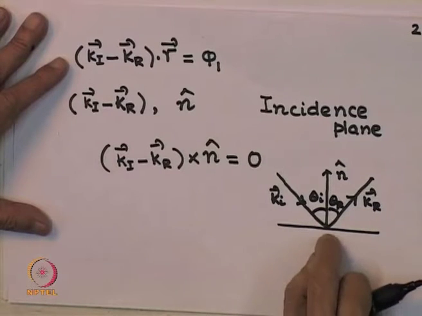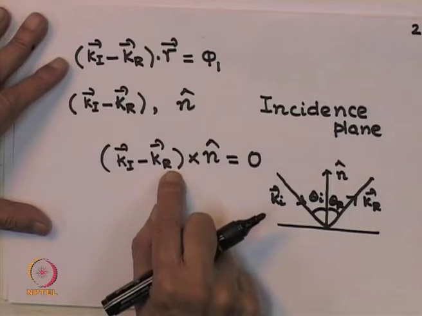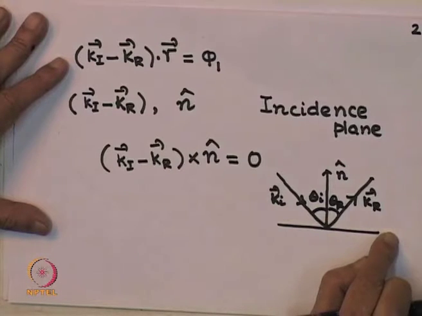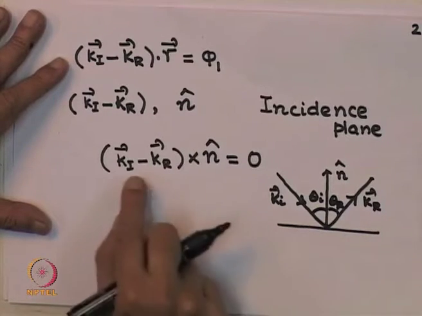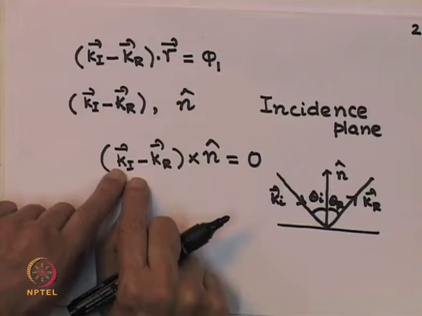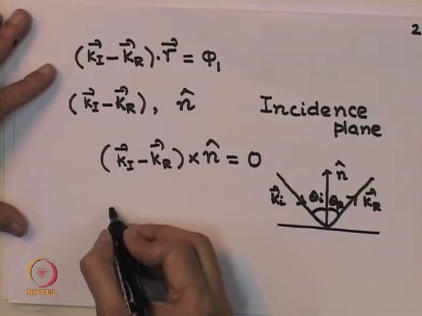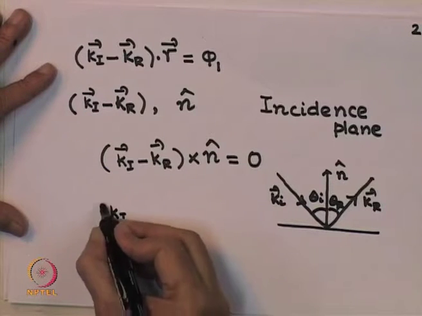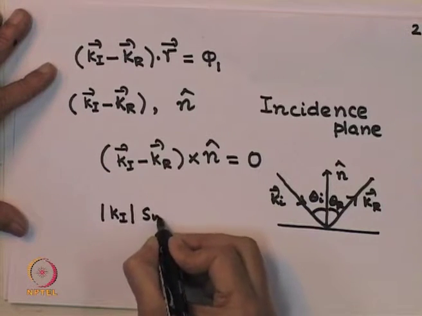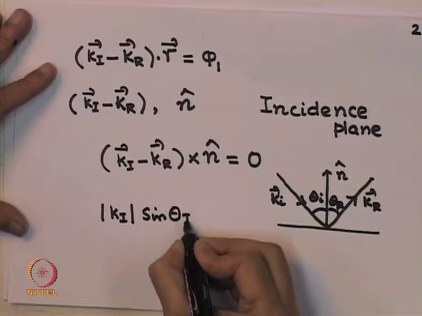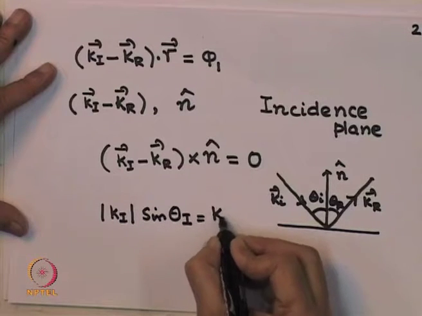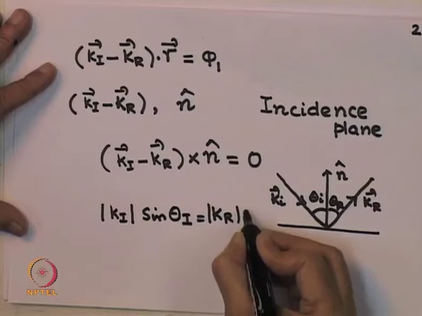So this tells me that (k_i minus k_r) cross n is equal to 0. It implies that the magnitude of k_i times sin theta_i must be equal to the magnitude of k_r times sin theta_r.